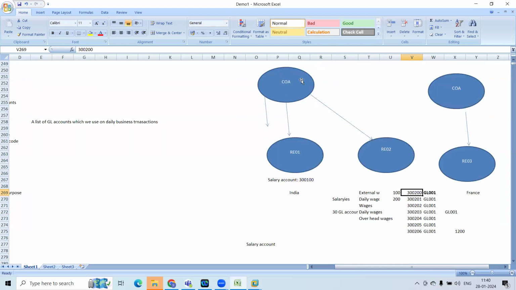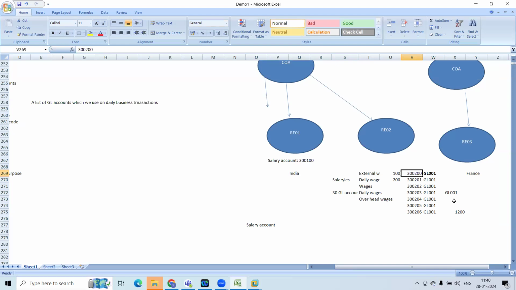So whenever you post to 300200, it will also update to GL001. Whenever you post to 300201, it will also update to the group GL account.